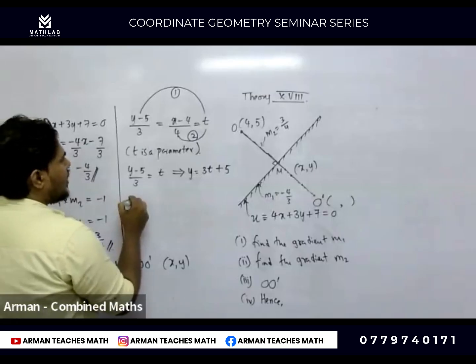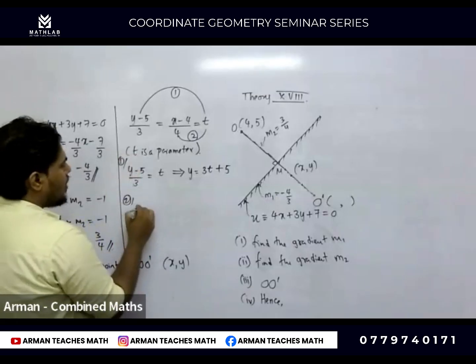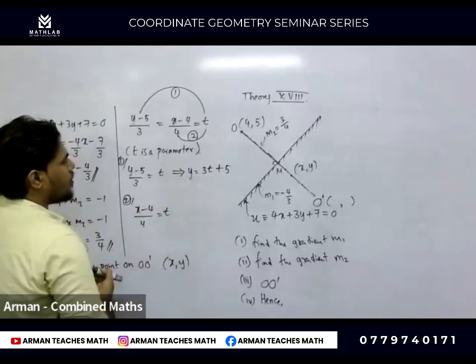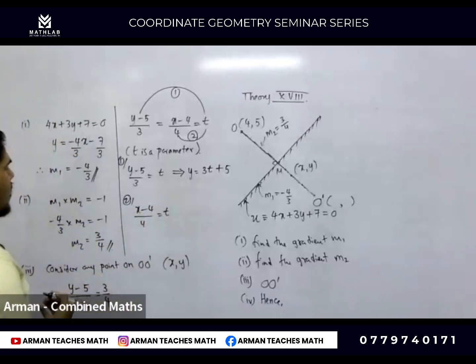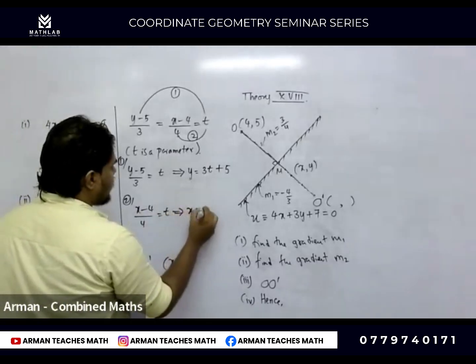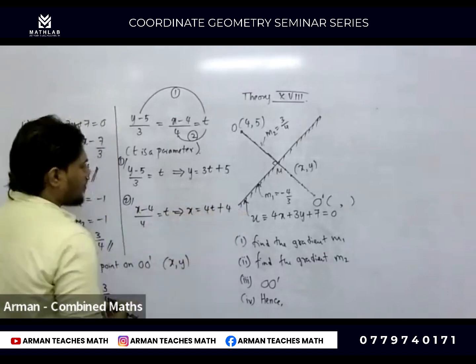So let's take the second equation. This is from 1. We'll take the second equation. What is it? (x - 4)/4 equals t. This implies that x equals 4t plus 4.